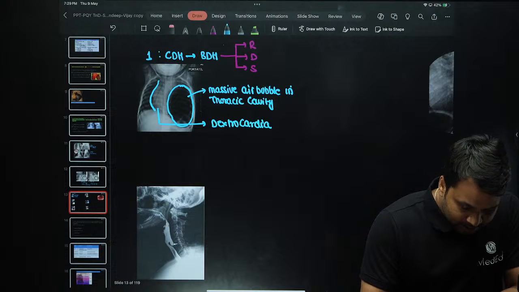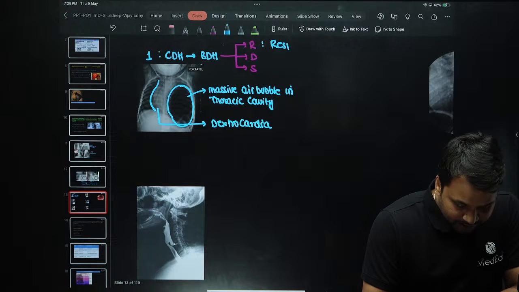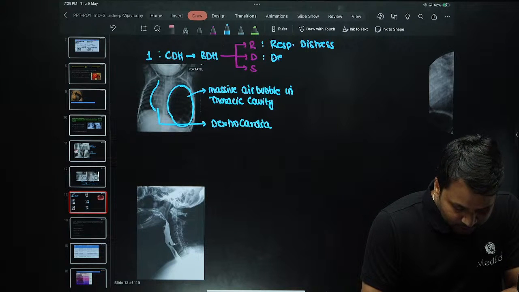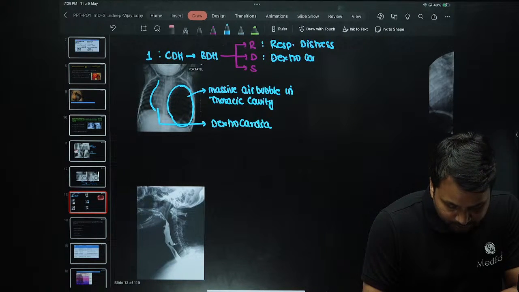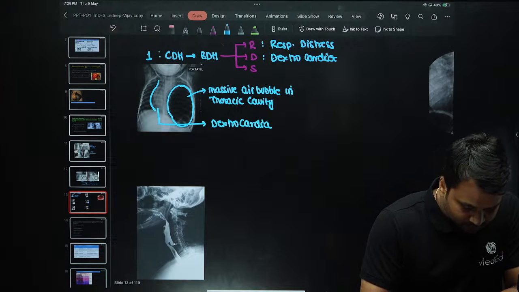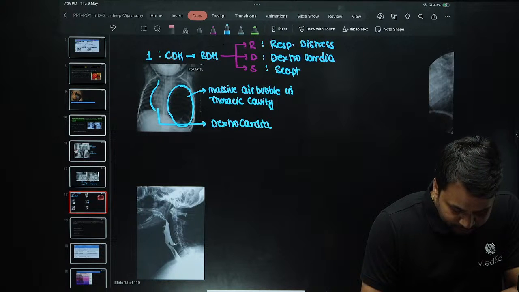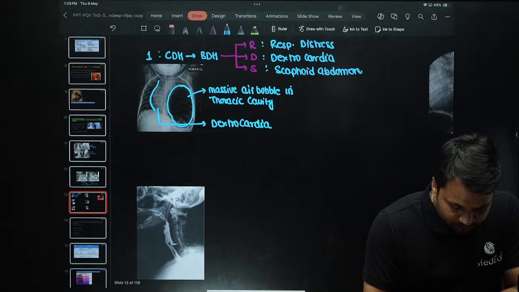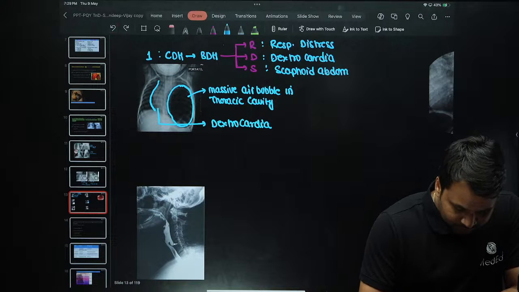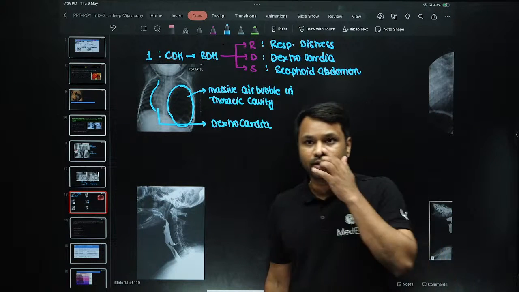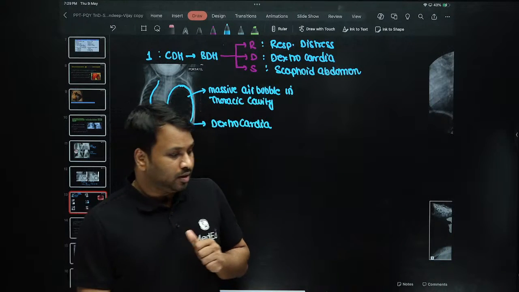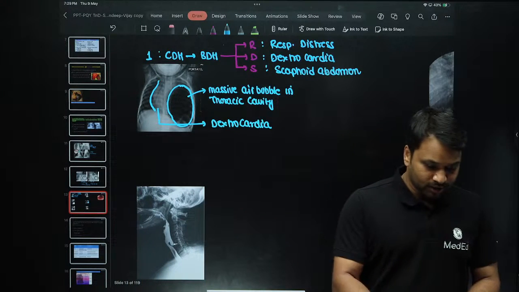R stands for respiratory distress, because the lung is being compromised. D stands for dextrocardia, which you will see radiologically. And S stands for scaphoid abdomen. So that's your first spotter.